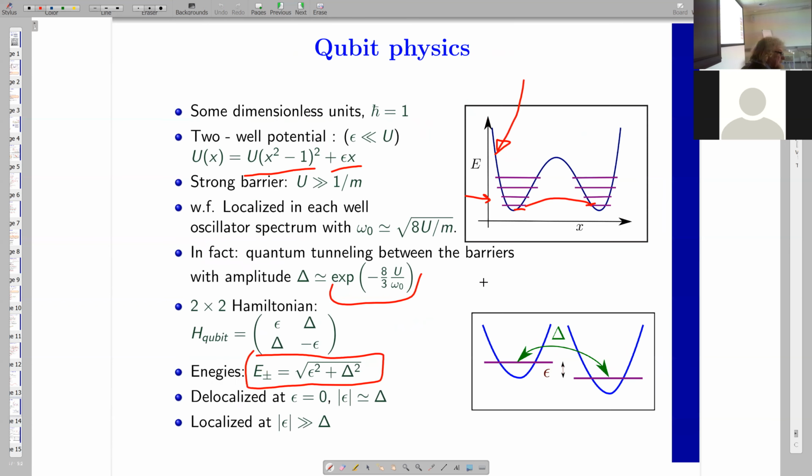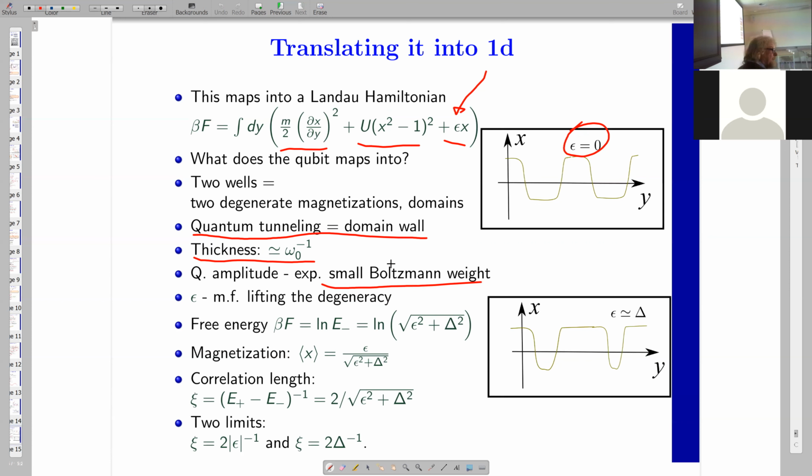So what stands in the exponent here is the domain wall energy. Right, that was without magnetic field. Let us add some magnetic field that will lift the degeneracy. First of all, how can we compute free energy in the presence of magnetic field, which is enough to compute, for instance, average magnetization.